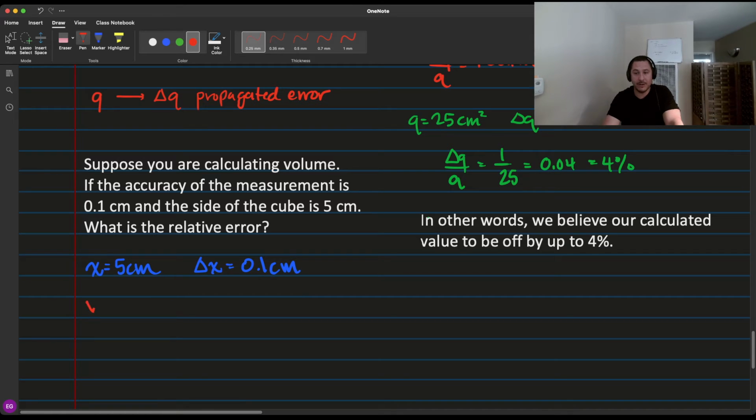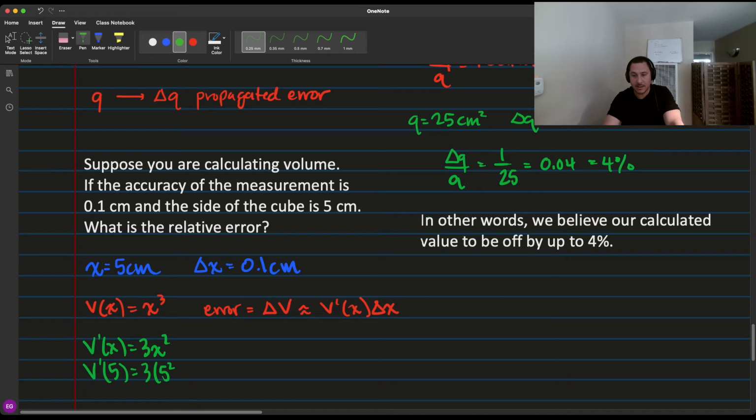What I'm calculating here is volume. Volume is x cubed. So my propagated error is going to be delta v, because I'm working with volume, and that's going to approximately be equal to the derivative of v times delta x. Well, the derivative is 3x squared, and I measured 5, so you get 3 times 5 squared, which is 75.